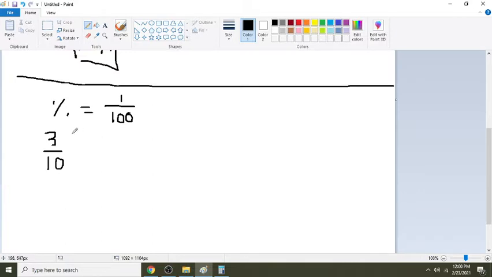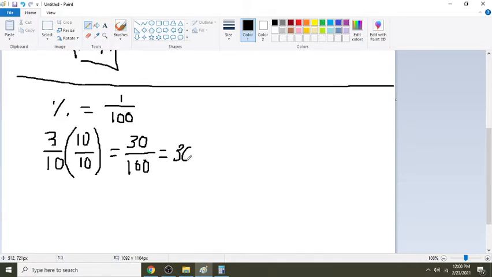So you multiply this fraction by 10 over 10, and 10 over 10 is equal to 1, so it doesn't change the value. 3 times 10 is 30. 10 times 10 is 100. Again, it's 30%.